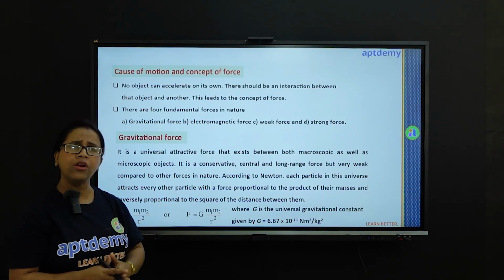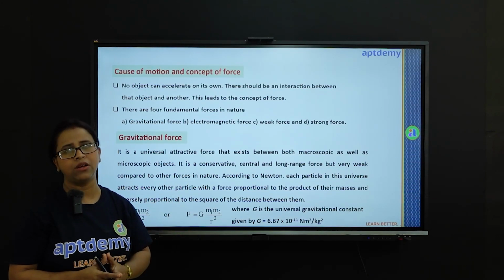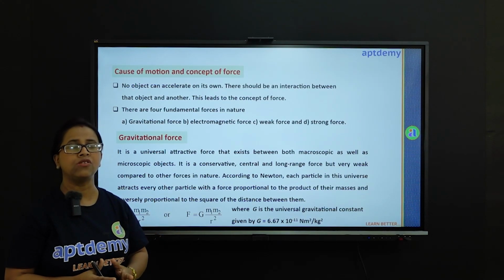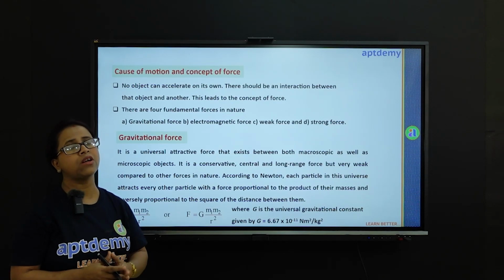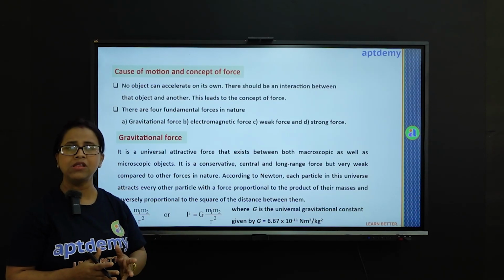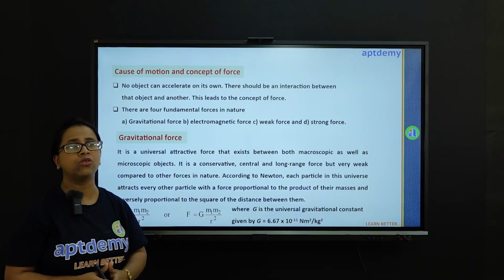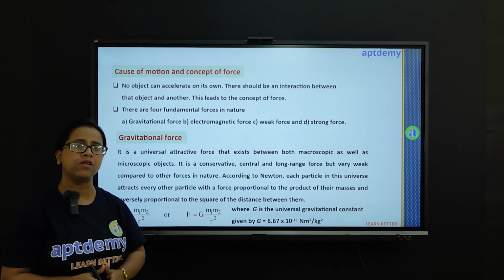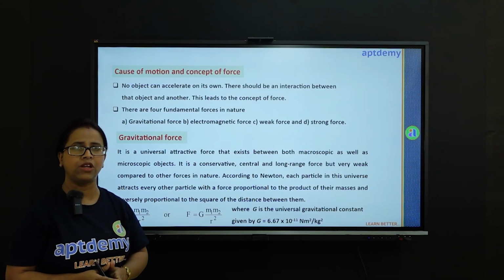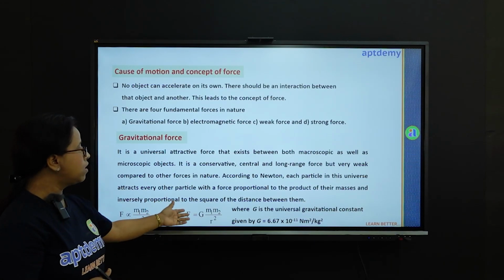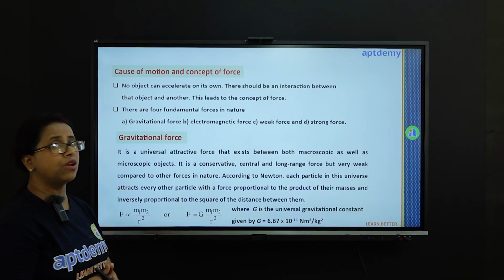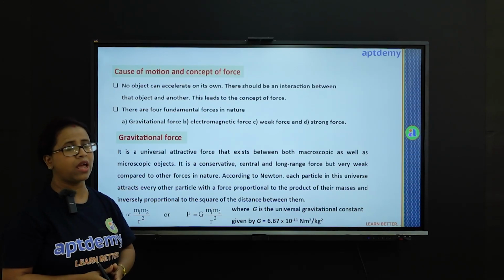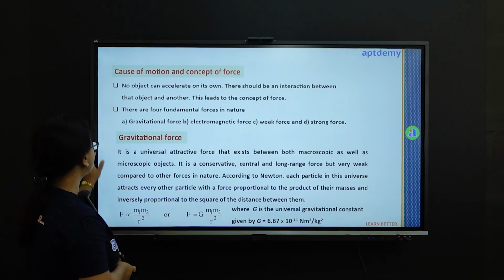Now, according to Newton, every particle in the universe attracts every other particle with a force which is directly proportional to the product of the masses of the two particles and inversely proportional to the square of the distance between the two bodies. This is the famous universal law of gravitation, and the mathematical relationship bears the form F equals G m1 m2 by r squared.